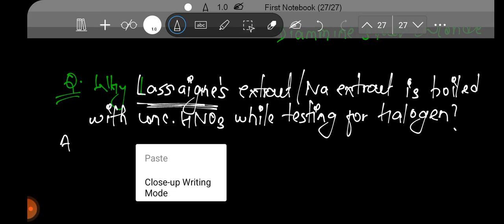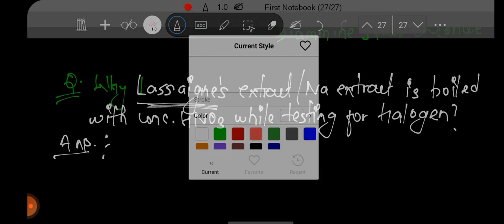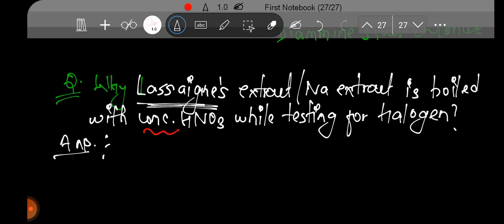In the test of halogen, we need to boil the sodium extract with HNO3. What is the reason? Sometimes a halogen compound may have nitrogen and sulfur. In case of nitrogen and sulfur, they react with sodium extract.